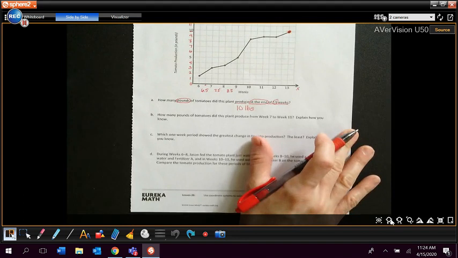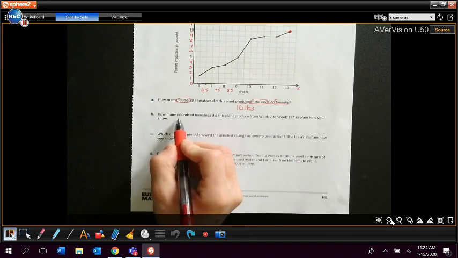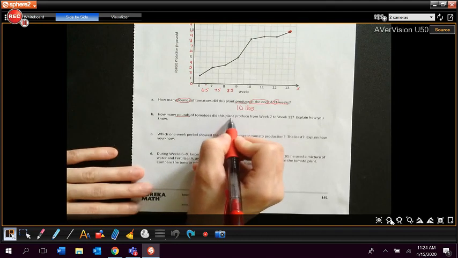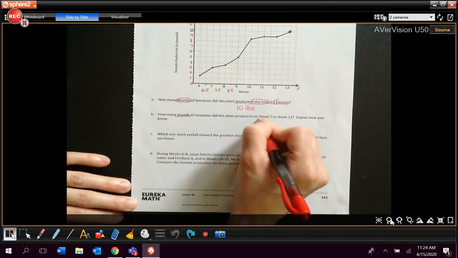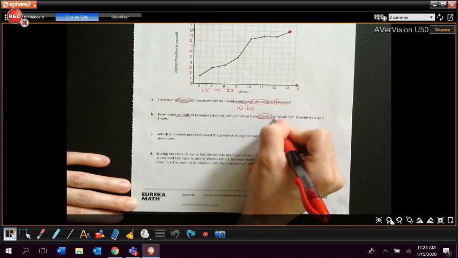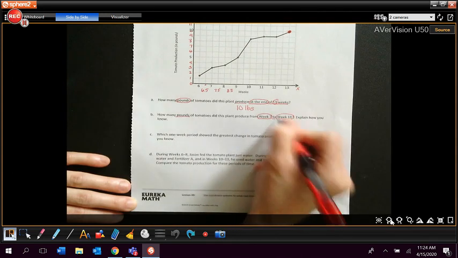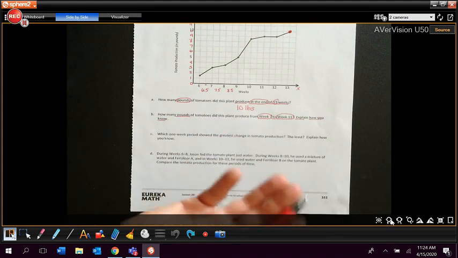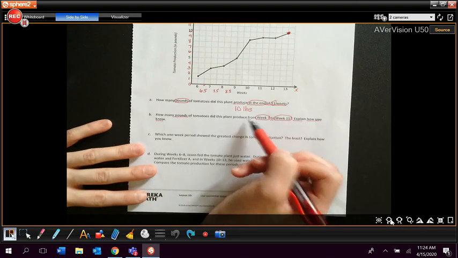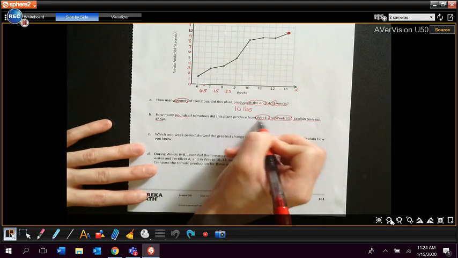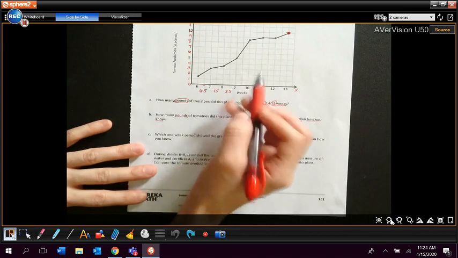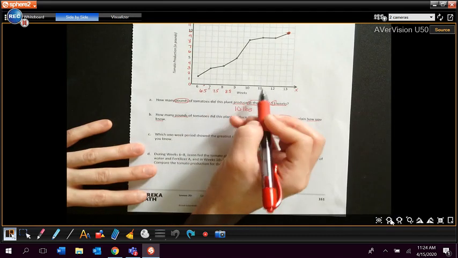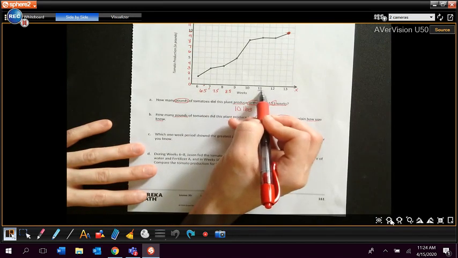Now let's go to letter B. How many pounds, again, we're looking at the pounds, of tomatoes did this plant produce from week 7 to week 11? Explain how you know. Again, the explanation will vary, but let's think about this. I'm only looking for week 7 to week 11, so I'm going to look at my week 7 and week 11.